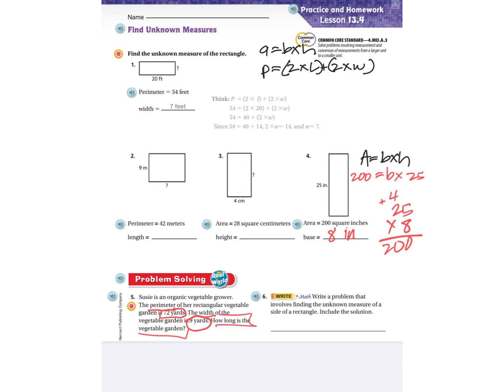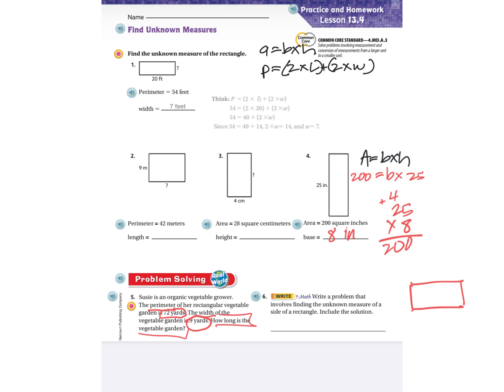Okay, so I'm going to draw a picture of this, and I'm going to do it right over here. You guys have space at the bottom of your paper. Okay, so here's my rectangle. And what do I know? What clue did it give me? I circled it and I underlined it.